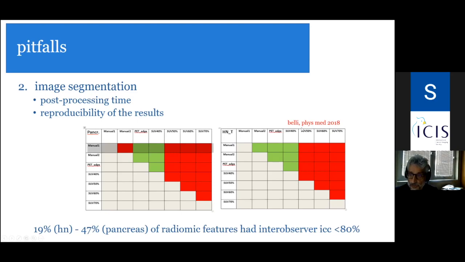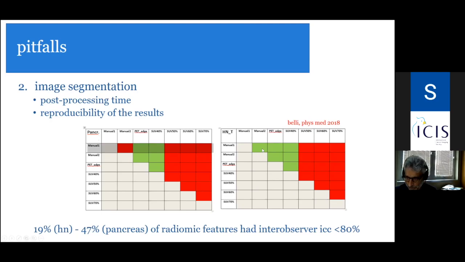These authors worked on PET-CT images, and they compared the results of segmentation done by two different human operators, a semi-automated algorithm and four different automated algorithms in head and neck tumors and in pancreas tumors.